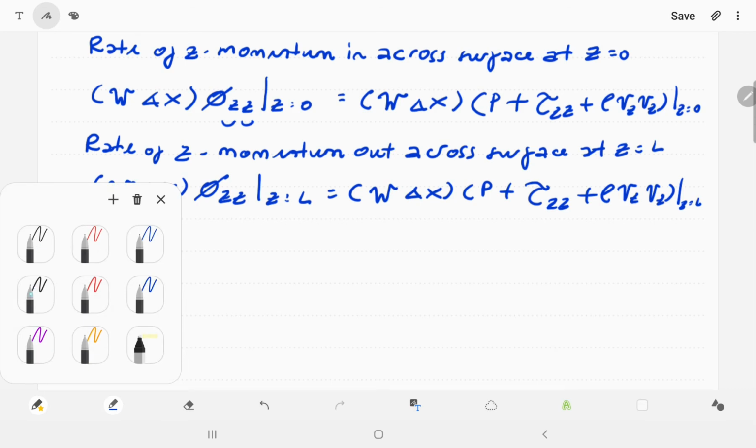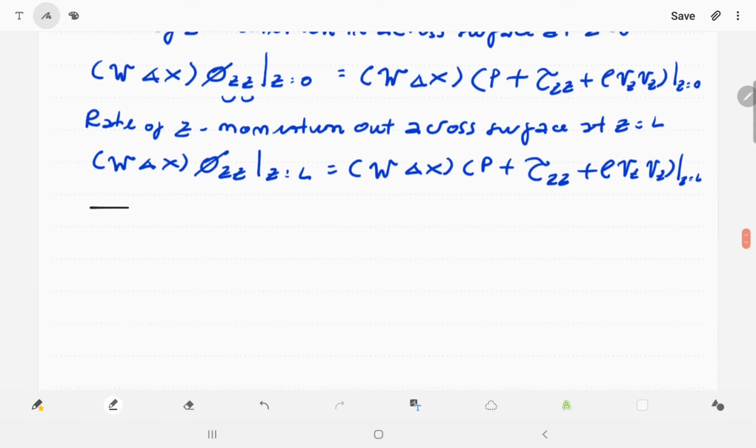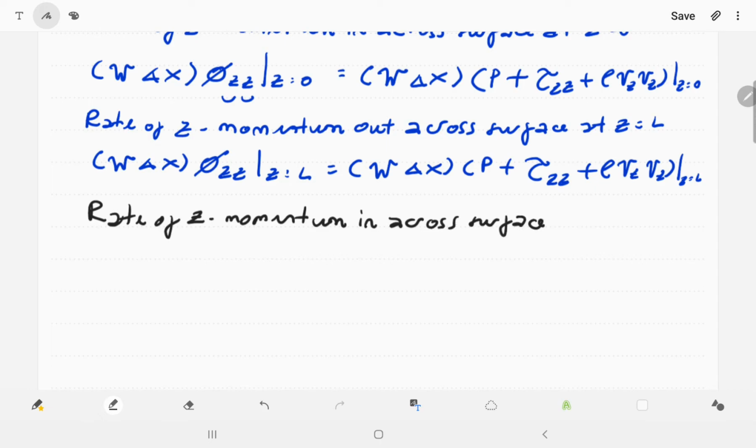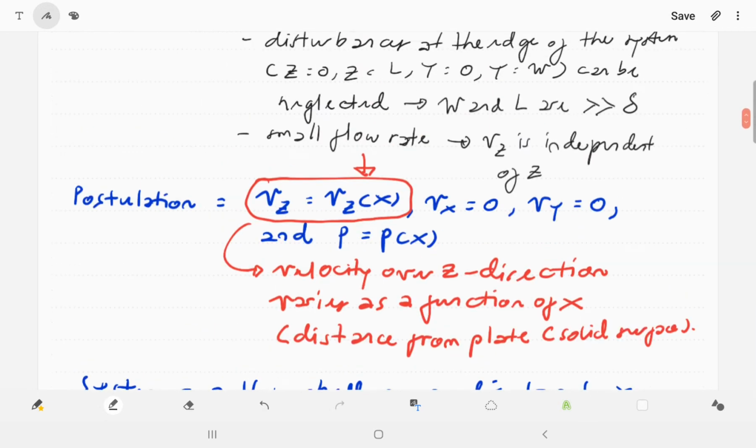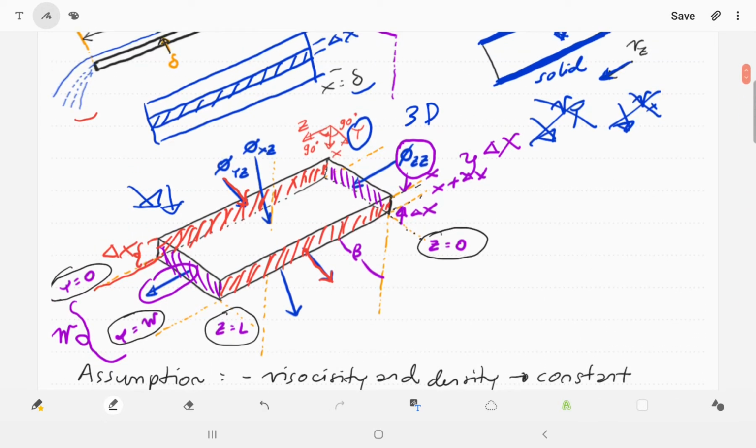The next one, we still have another momentum component. This one is the rate of Z momentum in across the surface at X. So we go back to the shell element again. You look at your X here. Your X will be in this direction, and then we have this outer direction. That one will be the in.